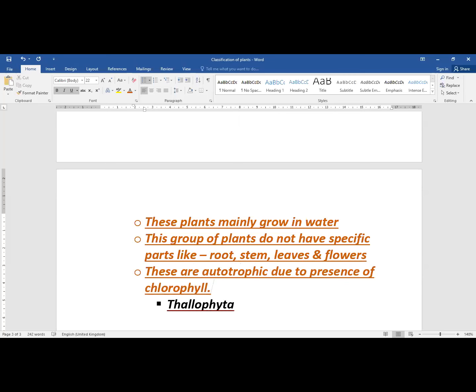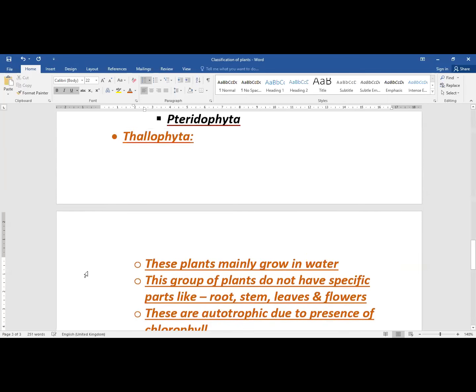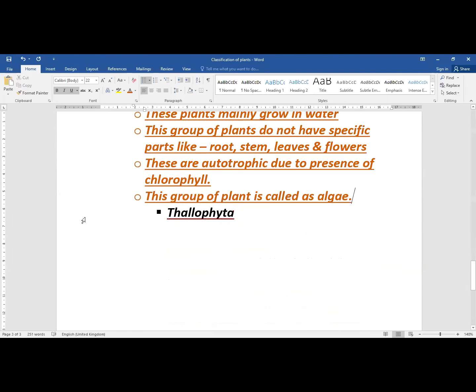Due to presence of chlorophyll, these are autotrophic. This group of plants is what we call as algae.